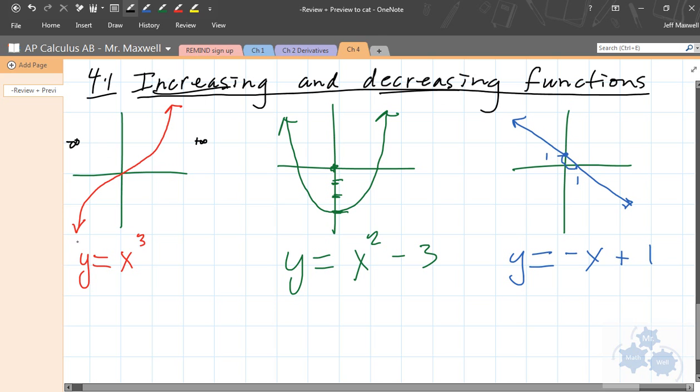This one here, if you take a look at the far left, or negative infinity, going towards the right, you see that the y values are increasing the whole time when we go from left to right. You see that? The y values, the numbers, are getting larger the whole time. So this is increasing on the entire domain, negative infinity to positive infinity.